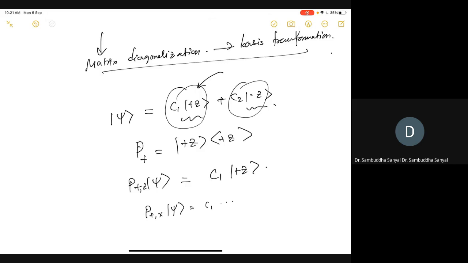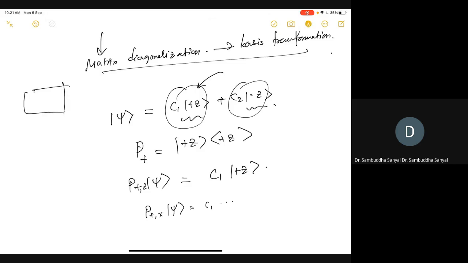We are interpreting C1 and C2 as amplitudes, and C1 squared and C2 squared as probabilities, so we are interpreting this as a random event. But to get this probability C1, I need to use the plus Z projector. So I'm choosing a projector as if I already know that it's going to go to plus Z with that probability. No, normally that is not how you think of measurements, right?